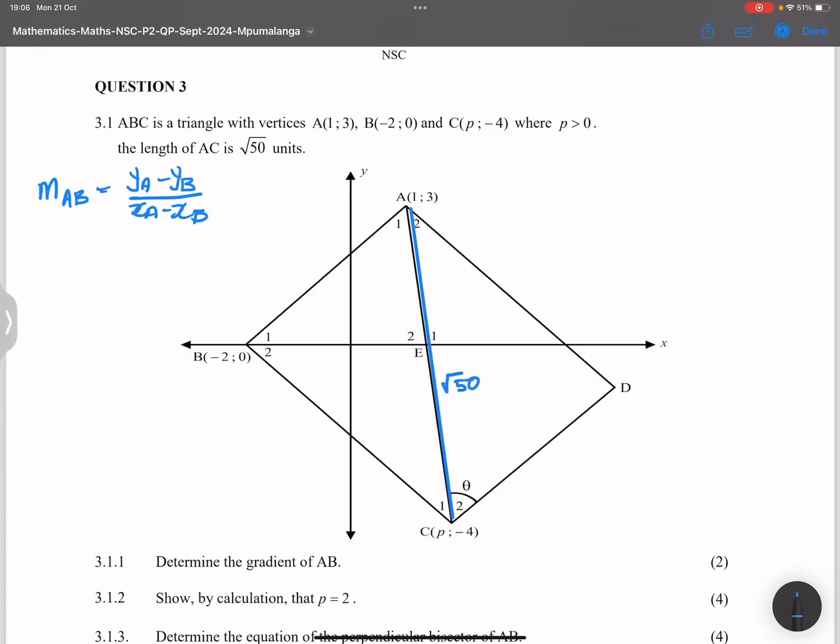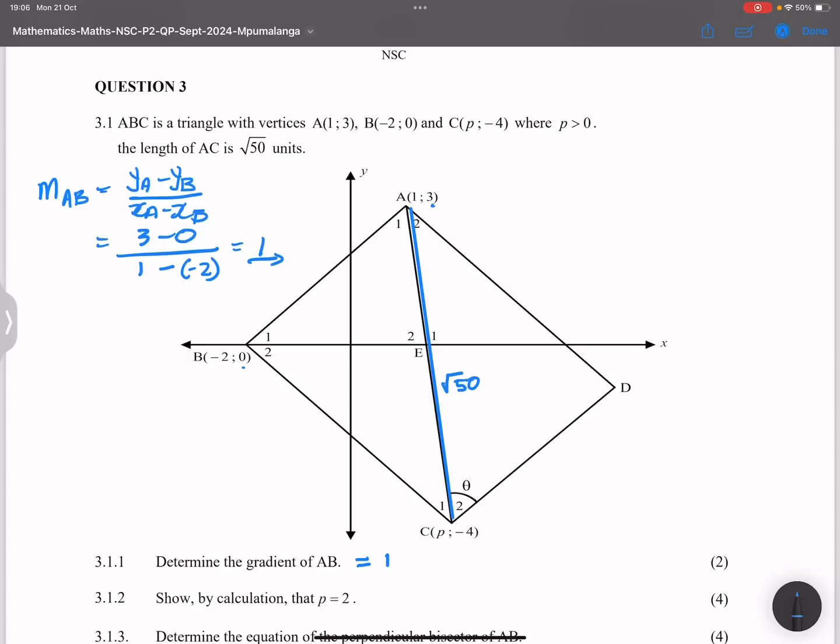Our y value for A is 3, so 3 minus 0, divided by xa, which is 1, minus a negative 2. 1 minus a negative 2 gives us 3. So that will be 3 divided by 3, which gives us 1.